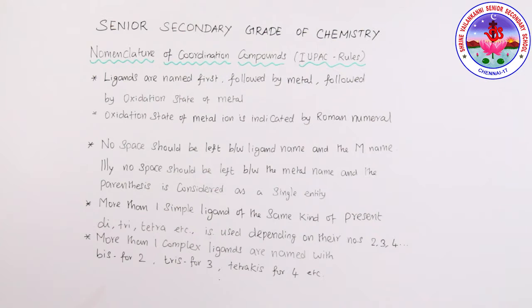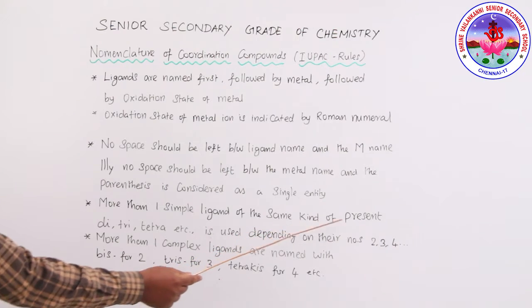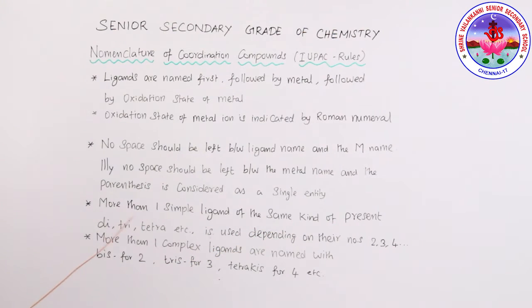Then, if more than one simple ligand of the same kind is present in the compound, you have to write di, tri, tetra, like this, depending on their numbers, like di for 2, tri for 3.